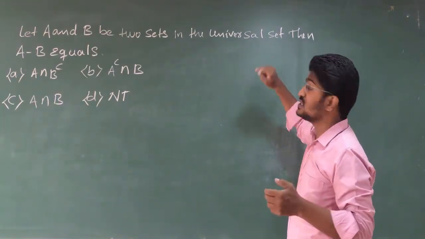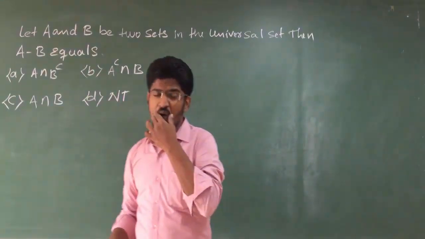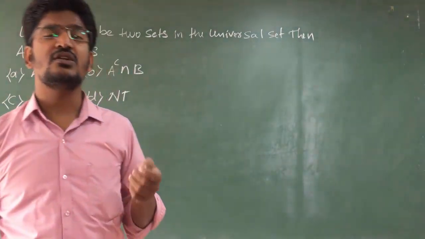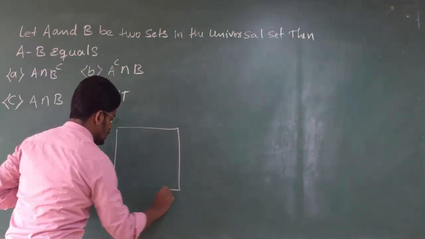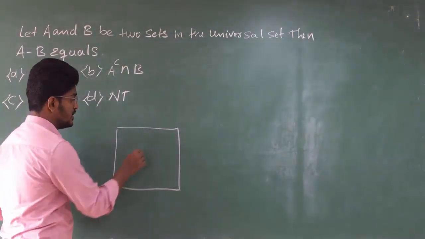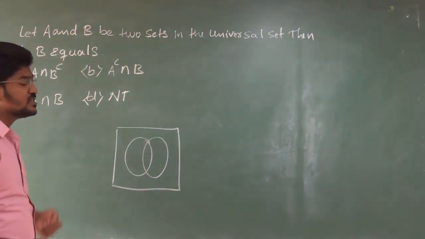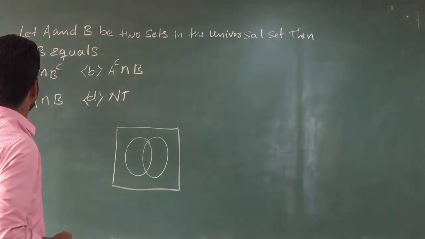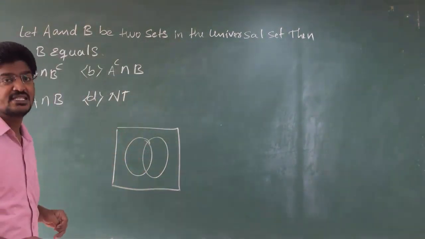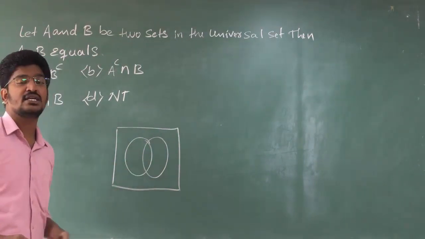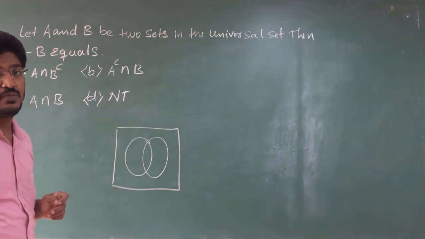So this is the universal set, and these are the two sets A and B. From this, they are asking what is A minus B.